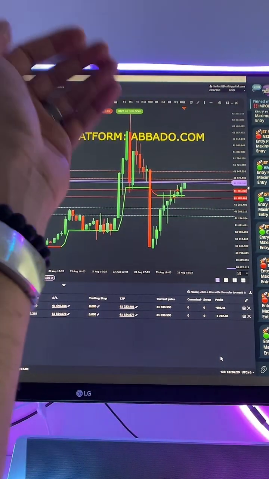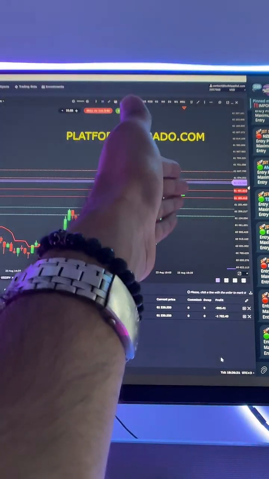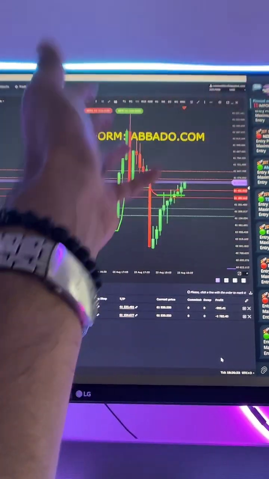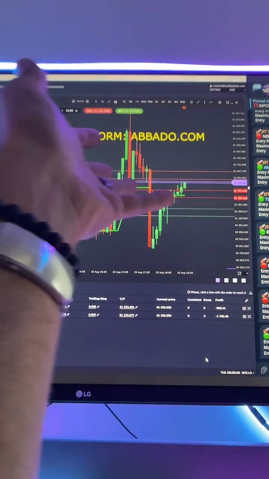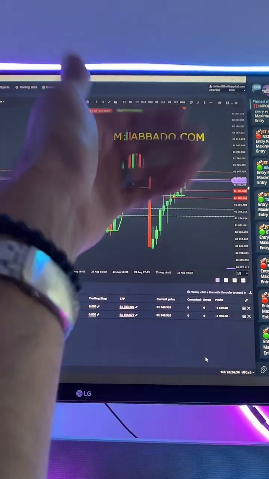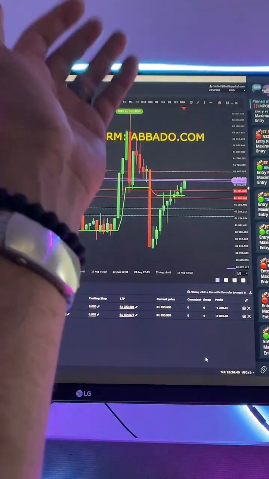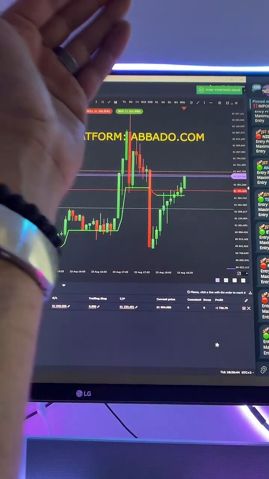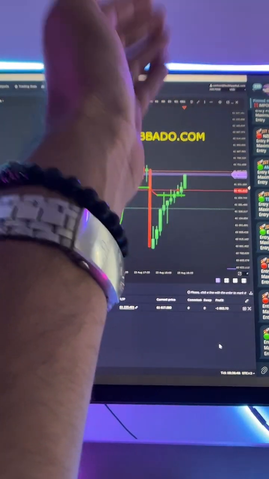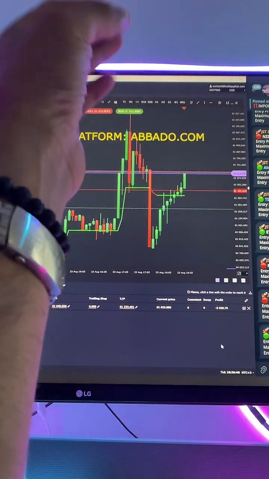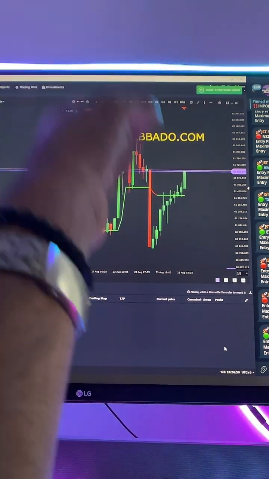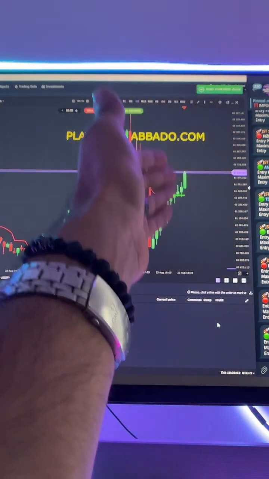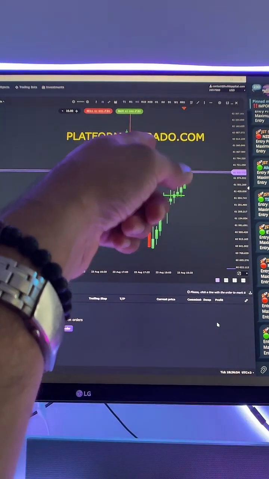So it's impossible for someone to have a 100% win ratio. I see guys on Instagram and TikTok all the time claiming, oh, we win almost all of the trades. Guys, it's impossible. So never ever trust anyone that says that they win every single trade. All we're trying to do is win most of the trades. That's all it really comes down to.